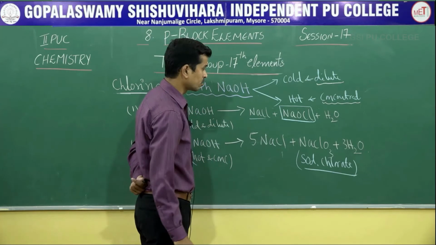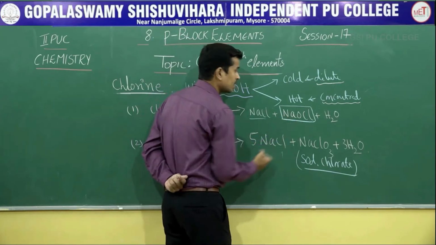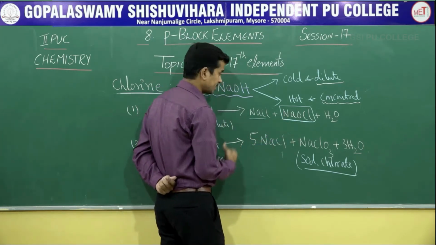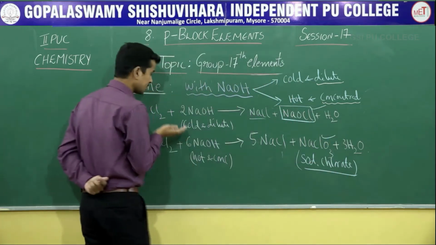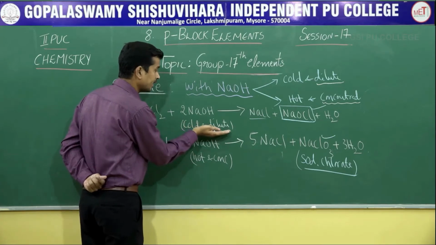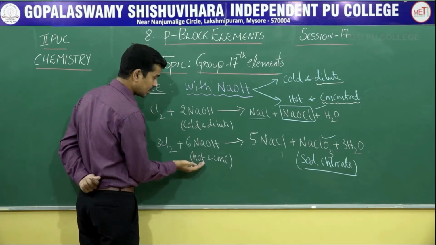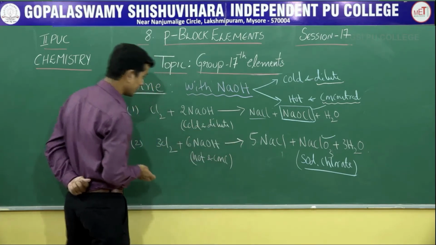NaClO3 means sodium chlorate. NaOCl means sodium hypochlorite. These are the major products of the reaction with cold and dilute NaOH and hot and concentrated NaOH.